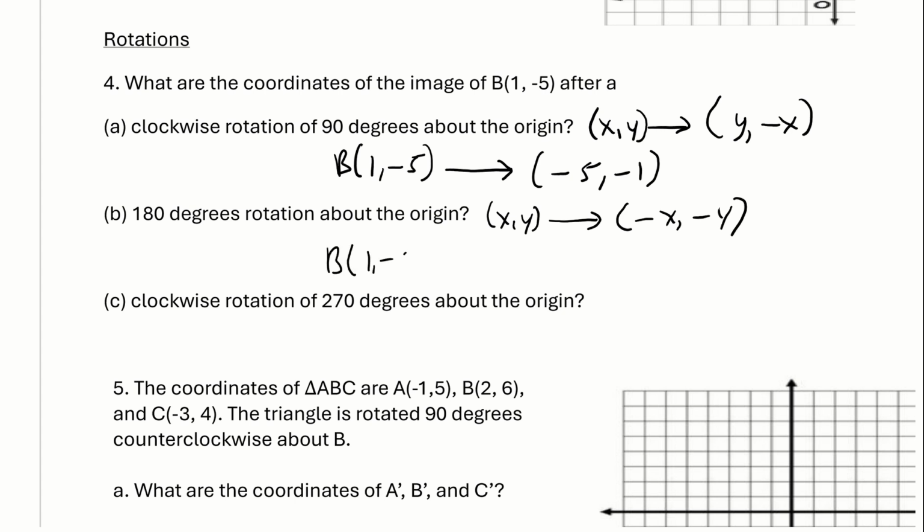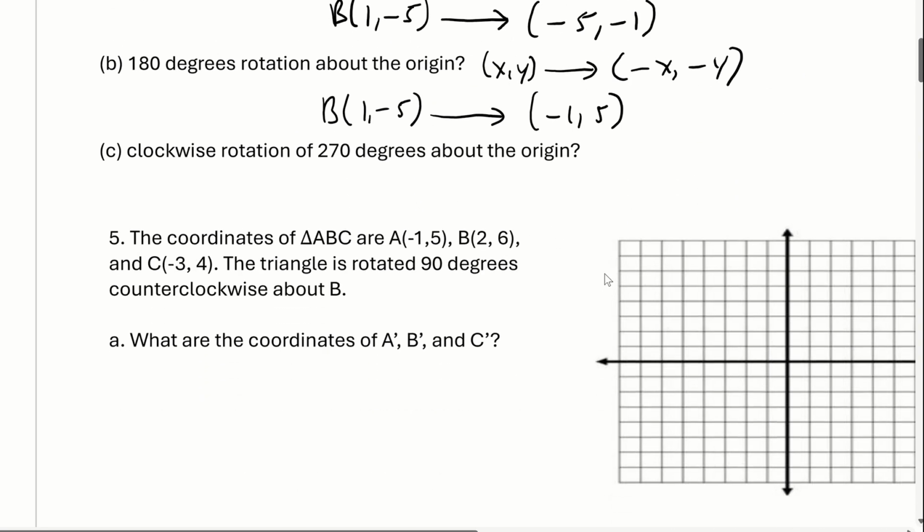So B, which is 1, -5, is going to transform to -1, 5. If I put an extra negative on -5, that turns positive.